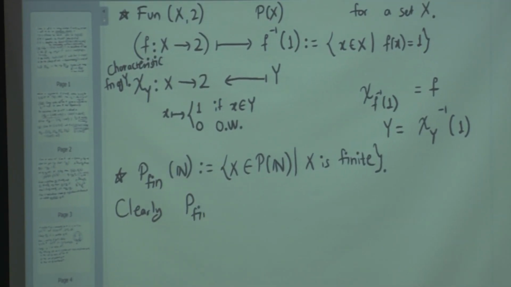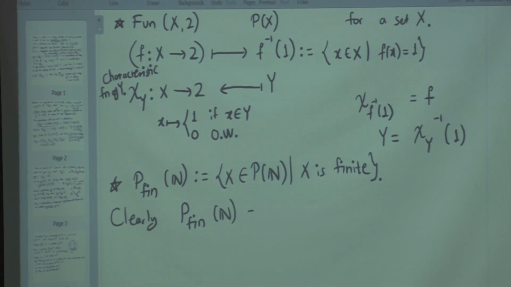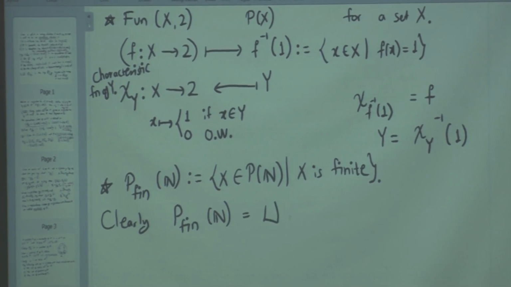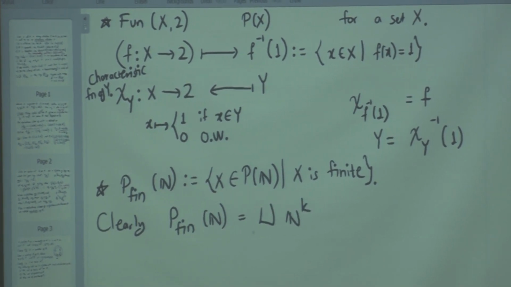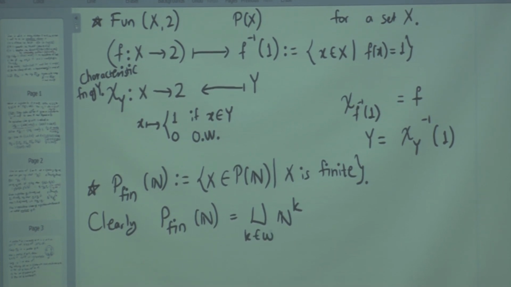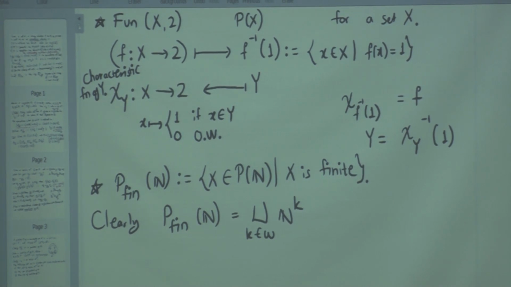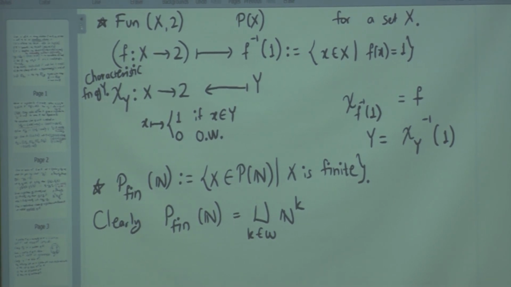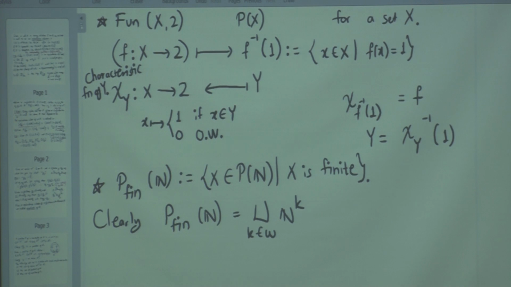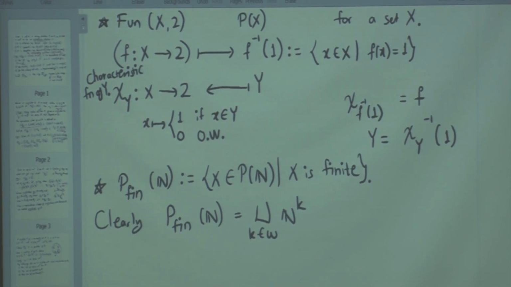So I am going to write down, clearly, P fin of n is the disjoint union of n to the power k, where k belongs to omega, the natural numbers. Yeah, this is a disjoint union. All of you agree with that? Because every subset is in bijection with exactly one natural number, not two different natural numbers.